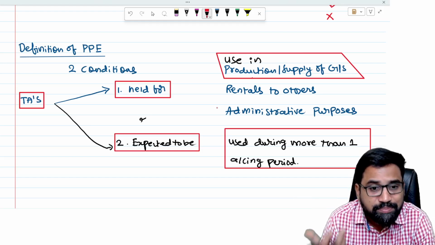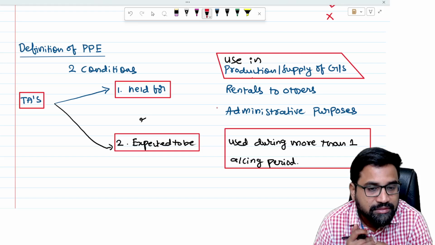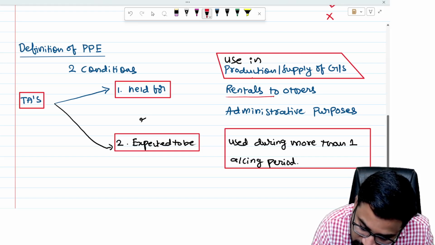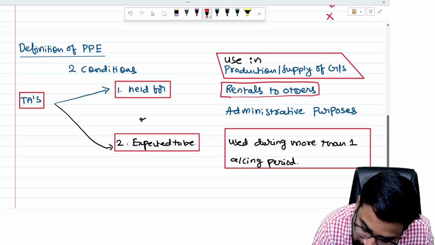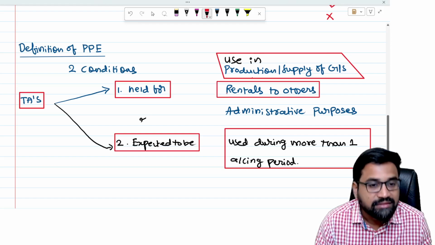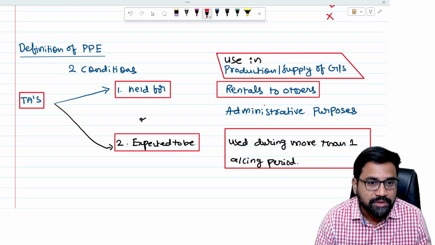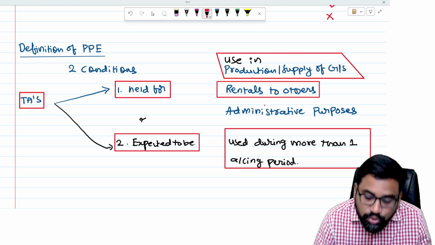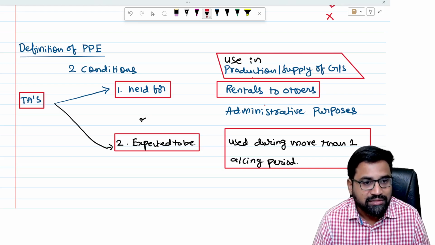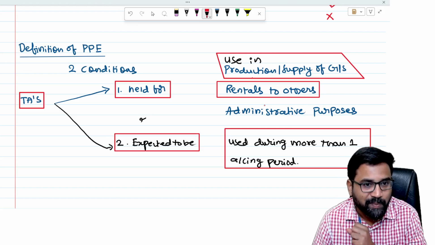So therefore it becomes property, plant, equipment. Sometimes rental to others. For example, the organization is having one building. Now they hold that building for rental income and they expect to use it for more than one accounting period. So that will also become our PPE.